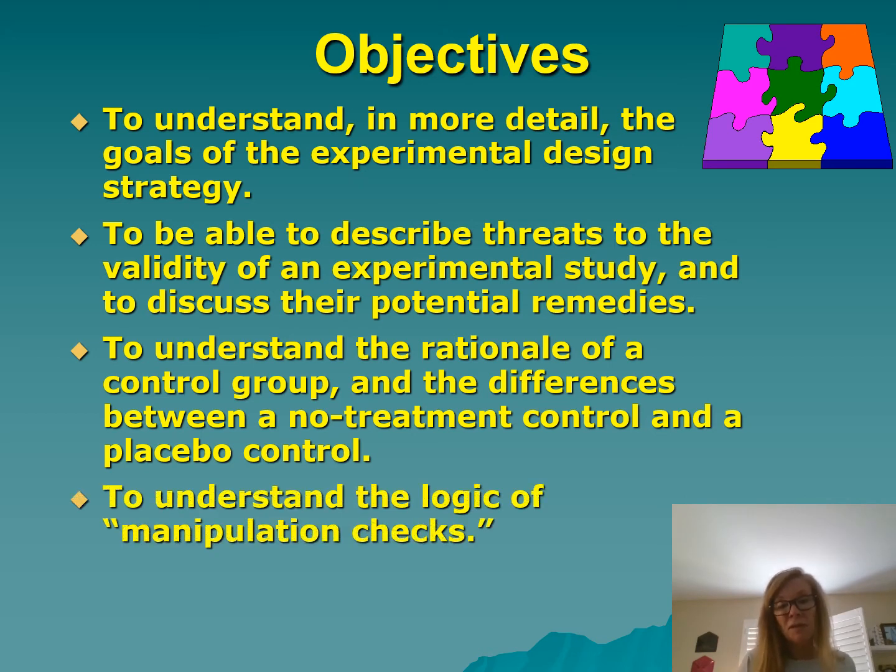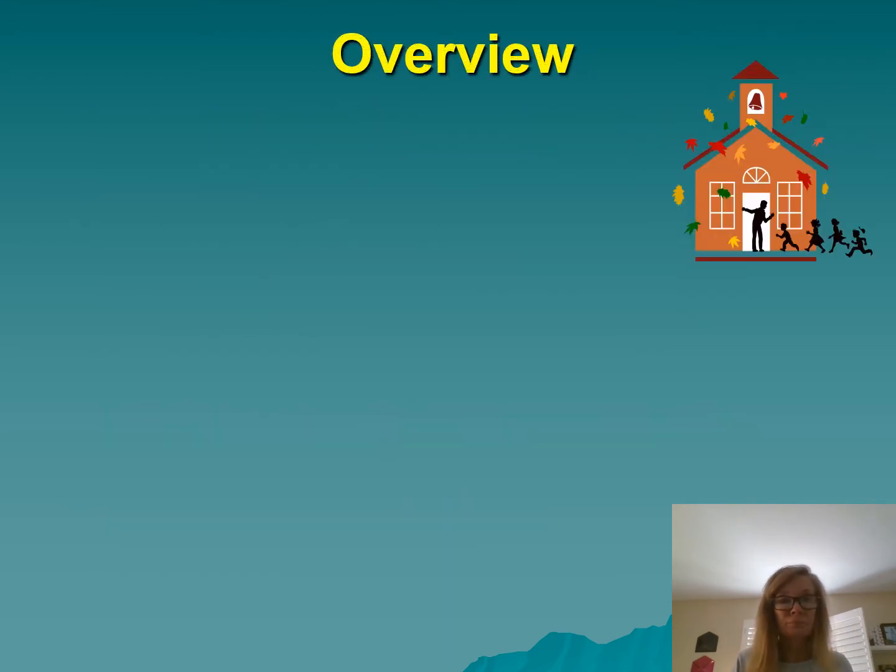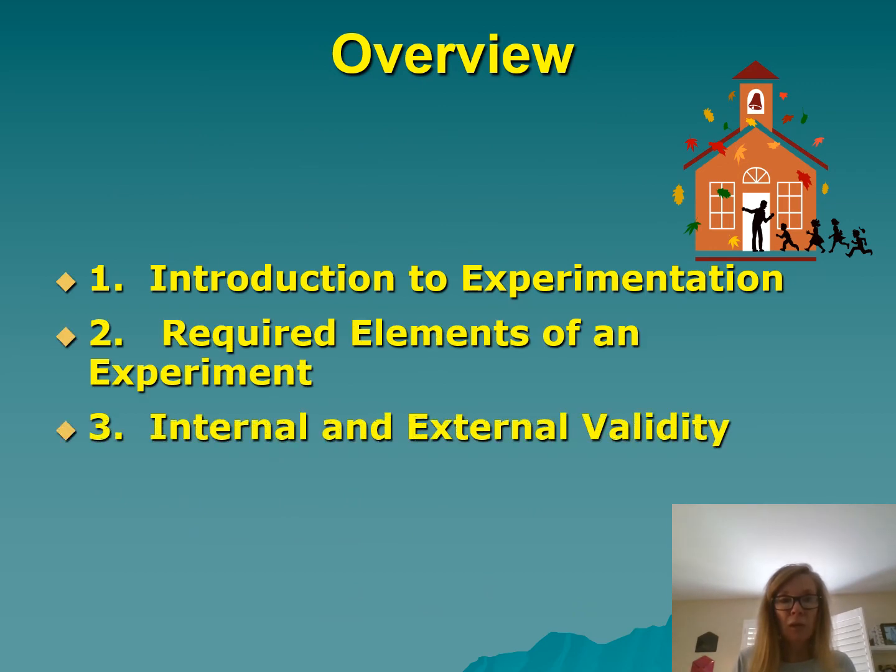We'll also discuss a concept called a manipulation check. And then also understand the differences between subtypes of experimental research called process research and outcome research. And here's our overview. An introduction to experimentation.